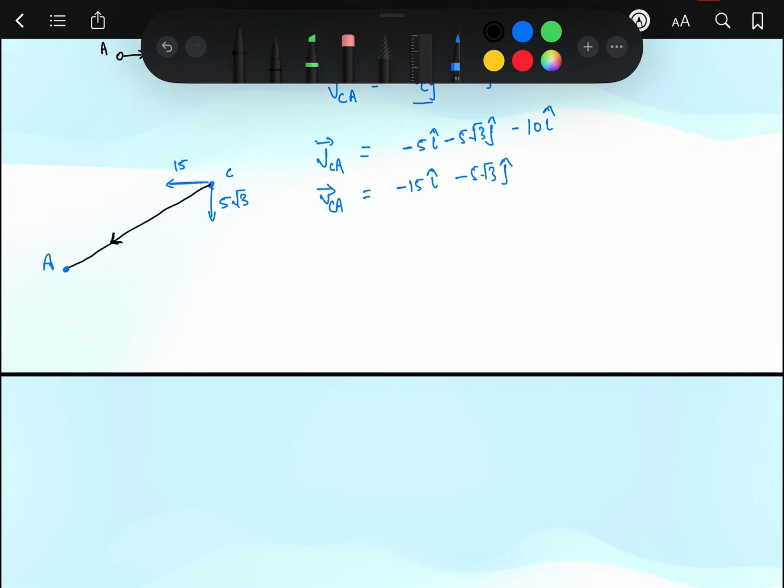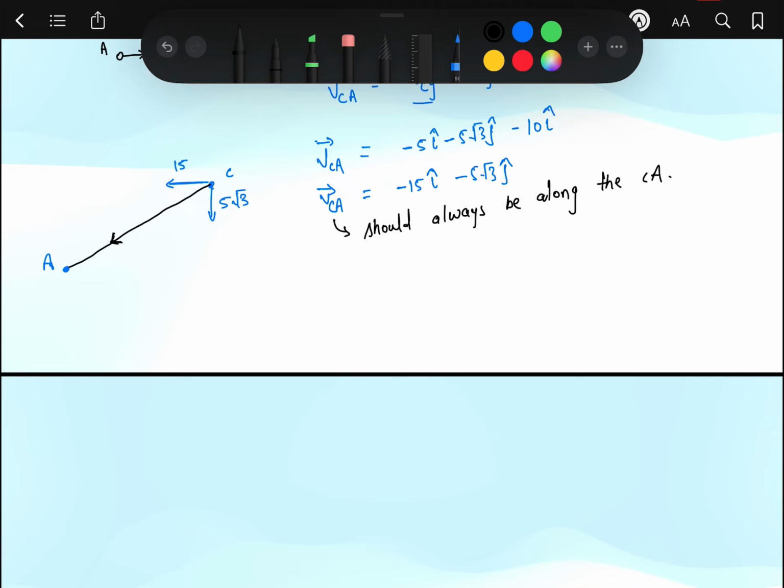Then this velocity of C with respect to A should always be along the CA line.